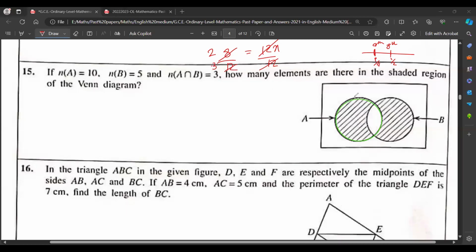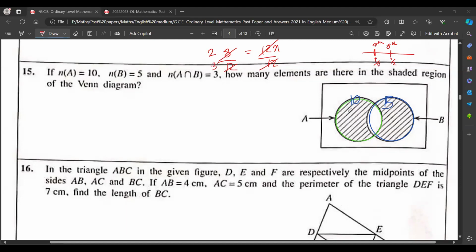So this one should be 10. And n(B), no need to take the equation there. That's why I said n(B) is this circle, this whole circle, should be 5.